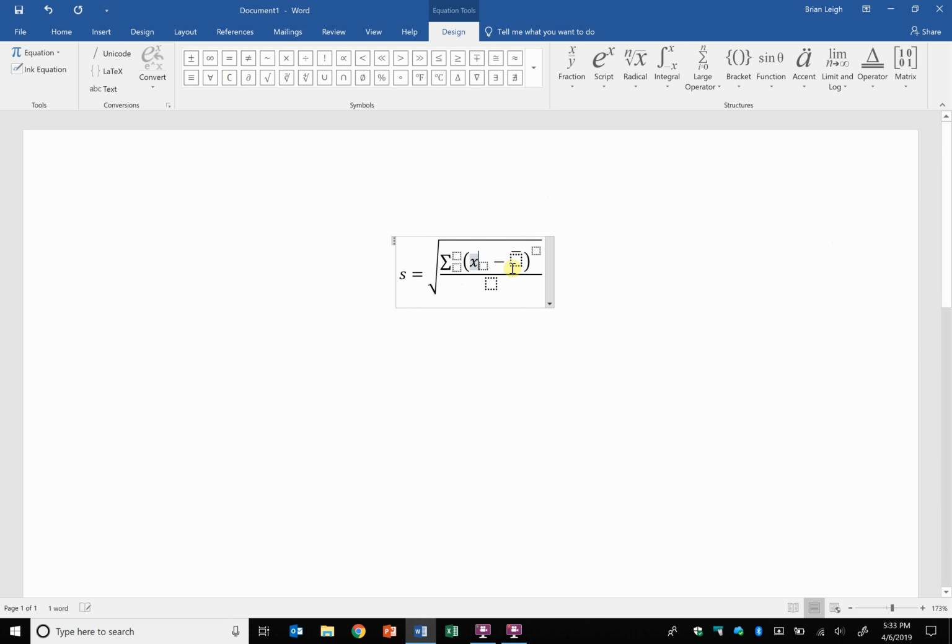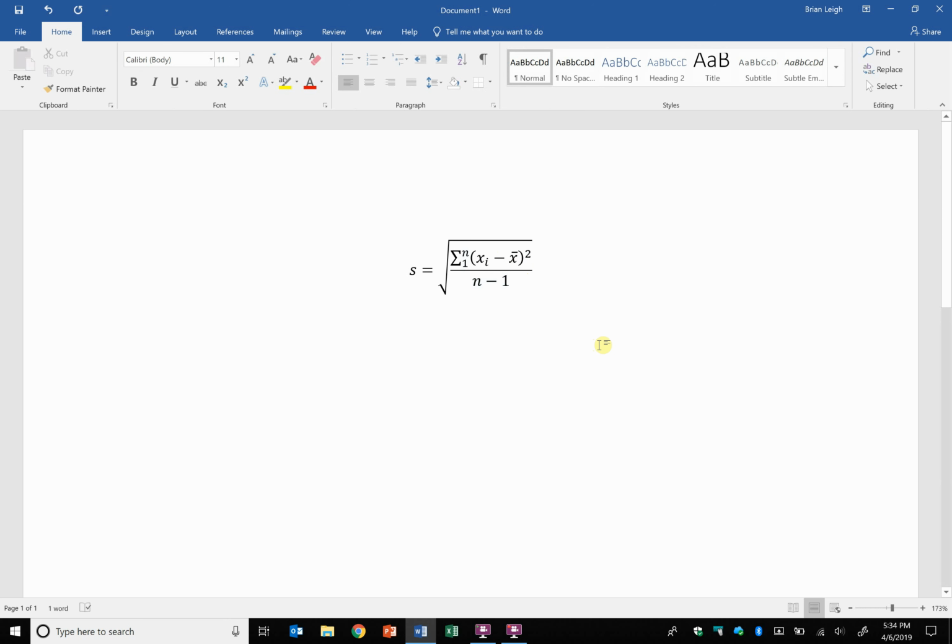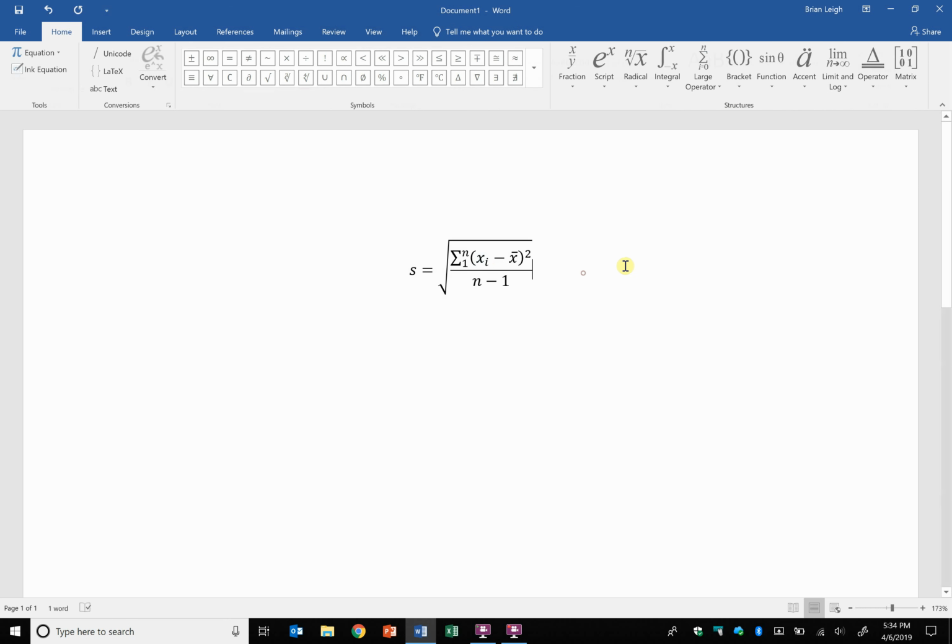So for this, of course, it's going to be x sub i minus x bar squared, and as this goes from 1 or i to, let's say, n, and of course it's n minus 1 down the bottom. So there's our sample standard deviation, and that's how you would put it in. Once again, once you click in here, if you need to, it's under the design tab up top.